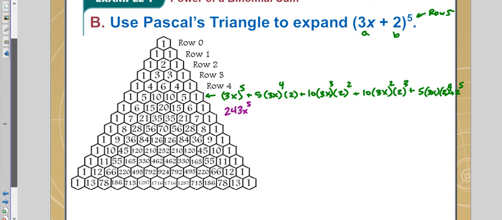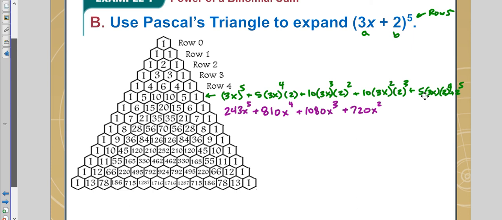And so we have now 810x to the 4th, and then here, 27 times 10 is 270, and then you multiply it by 4, which is 1080x cubed, I believe. Here we have 9 times 8, which is 72, times 10 is 720x squared.